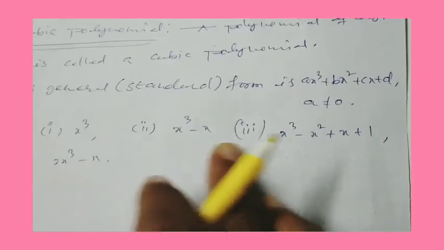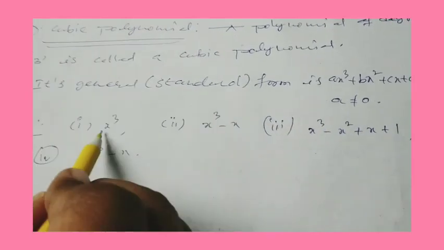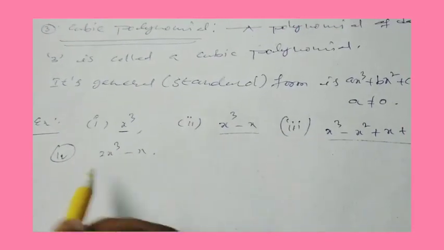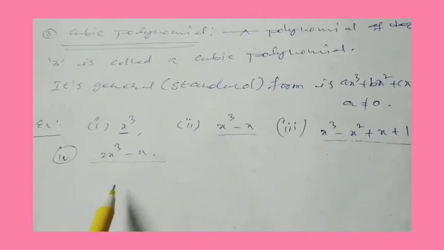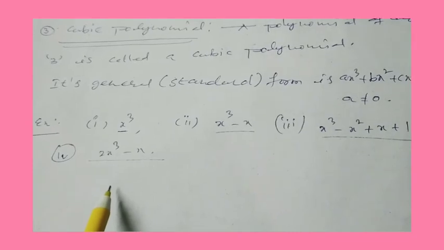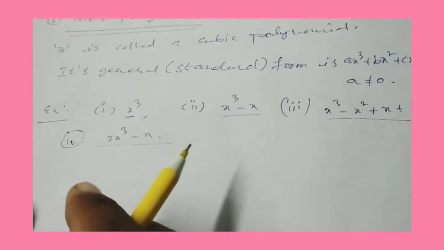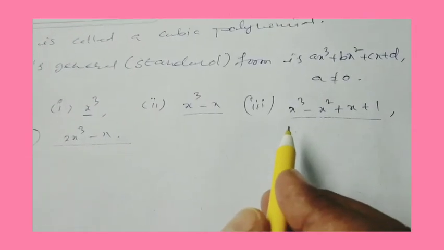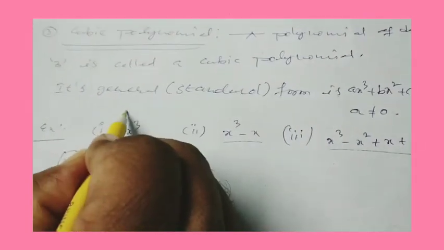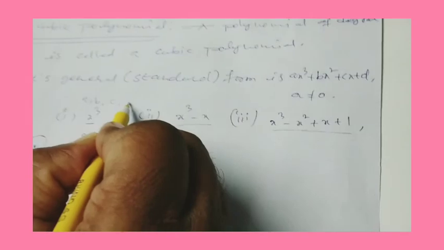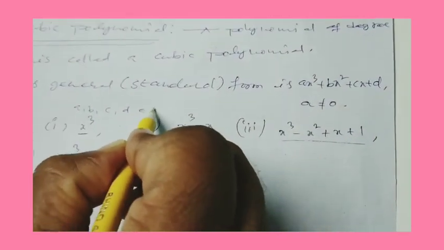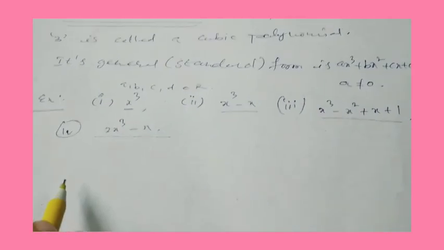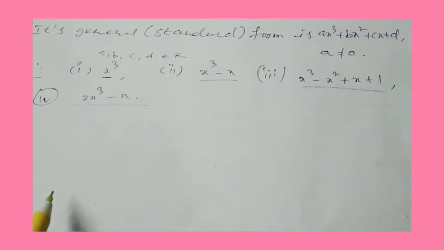Because their degree is 3. That's why they are called cubic polynomials. Its general form is ax cube plus bx square plus cx plus d, a not equals to 0. Here a, b, c, d belong to R, meaning real numbers.